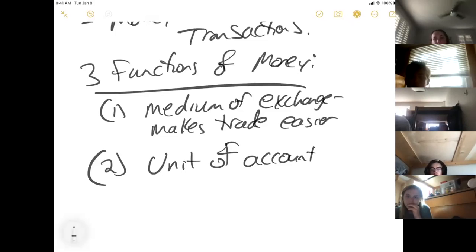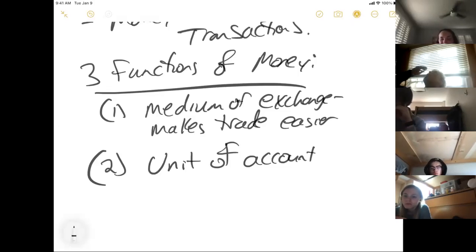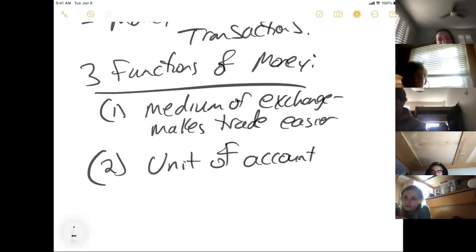It means nothing to me. If I tell you my car's worth $1,200, what does that mean to you? Yeah, it means I've got a shitty car, right? You know that immediately. We have a good idea about what the value of money is, and as a result, it's a very efficient way of conveying value, right?